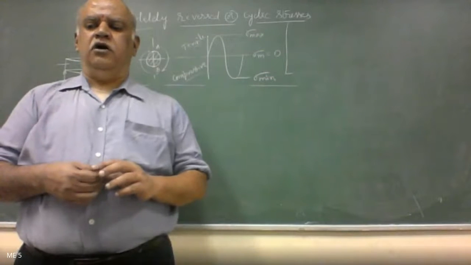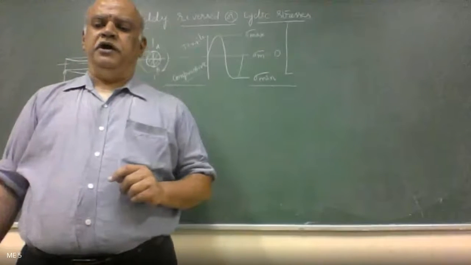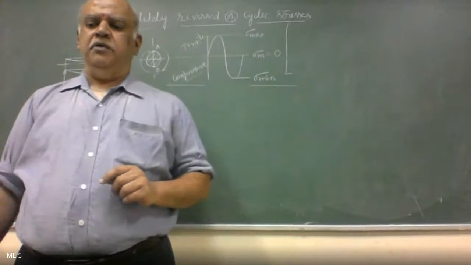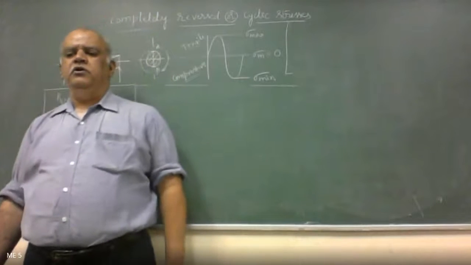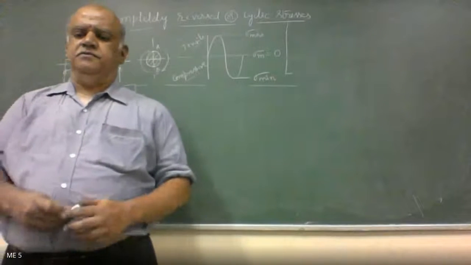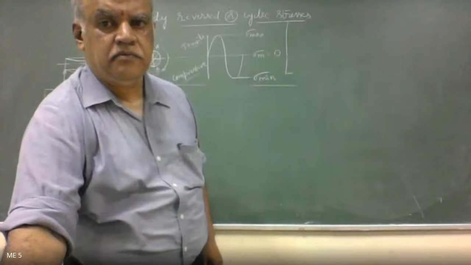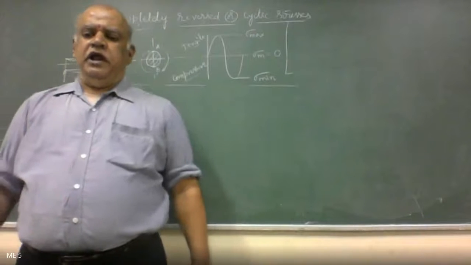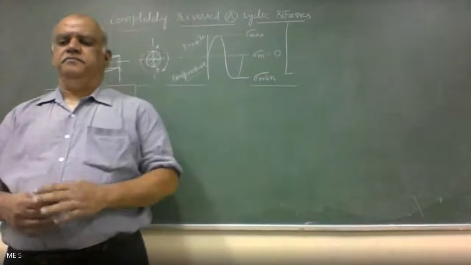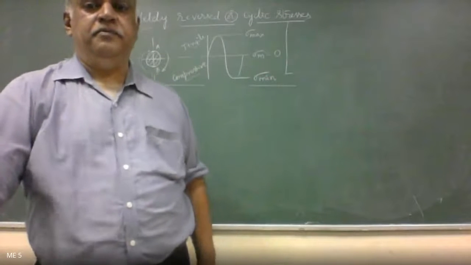Choose a modifying factor of 0.85 for the type of loading, comma, 0.85 for size, and 0.78 for surface effects. Okay.